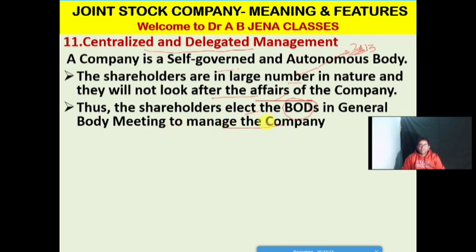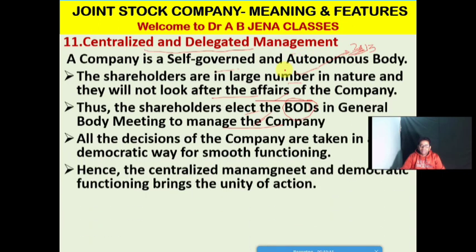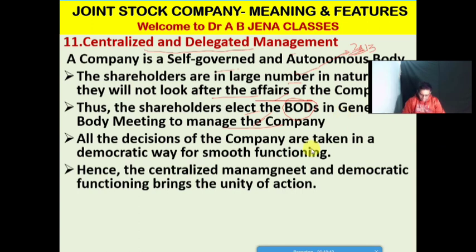So that's why, so far as the management is concerned, the joint stock company has centralized and delegated management. Next, all the decisions of the company are taken in which way?